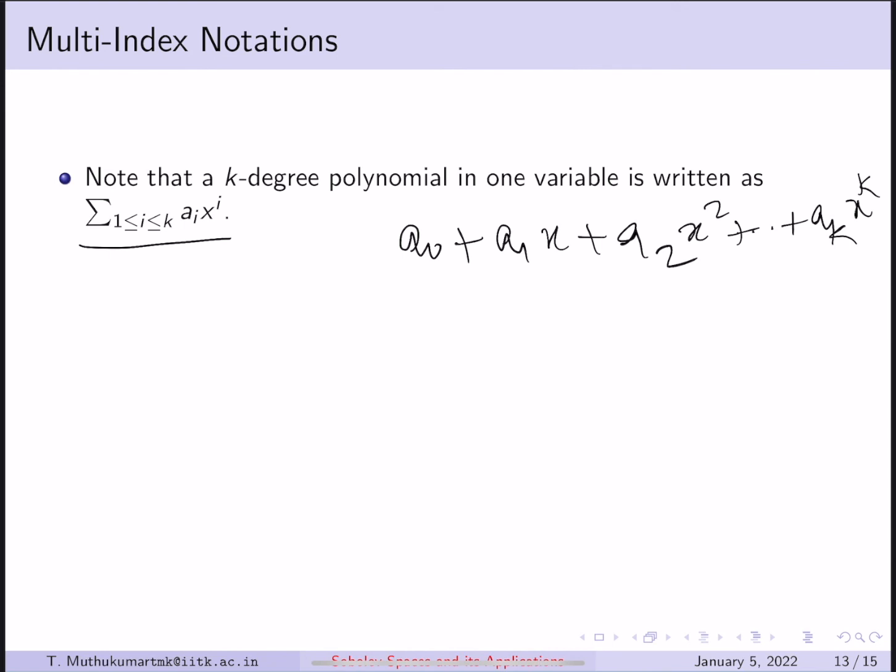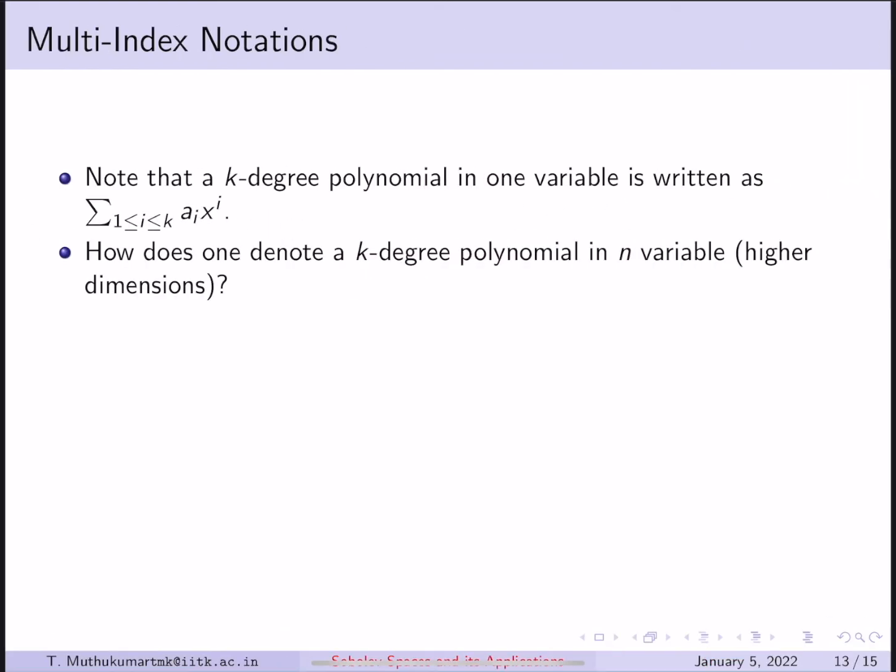So now if you want to generalize this to higher dimension, how do you write it when you take n variables? Here the x was one variable, now your x has n components. In this case, how do you write a k degree polynomial?